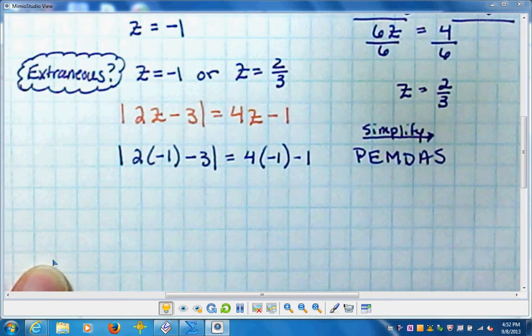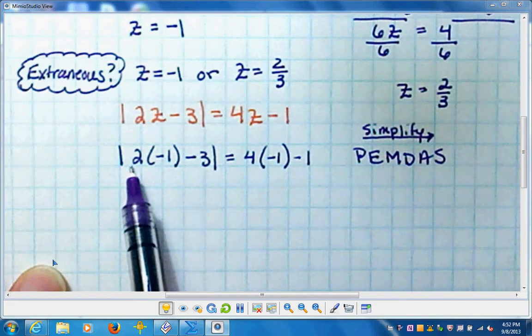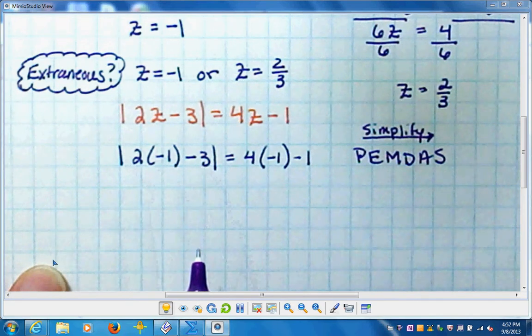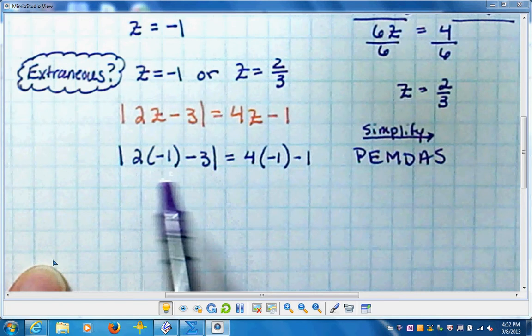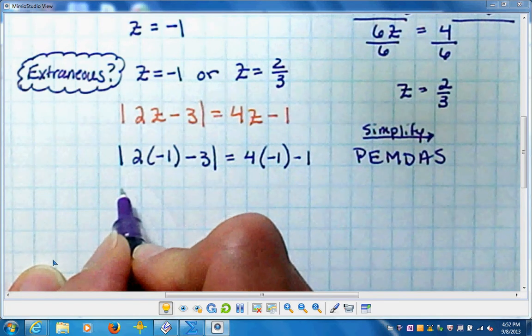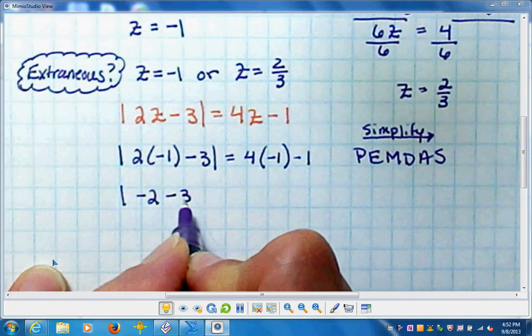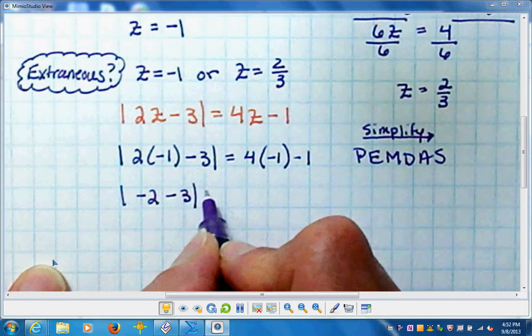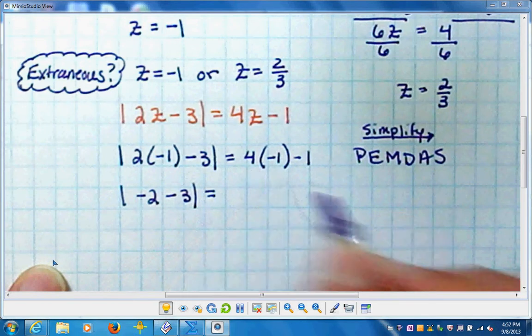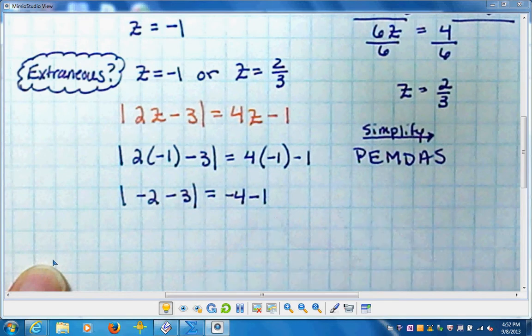I do PEMDAS forward. So those are not parentheses, they act like groupings, are absolute value signs. This is being multiplied. So I have the absolute value of -2 minus 3 is equal to 4 times -1 is -4 minus 1.